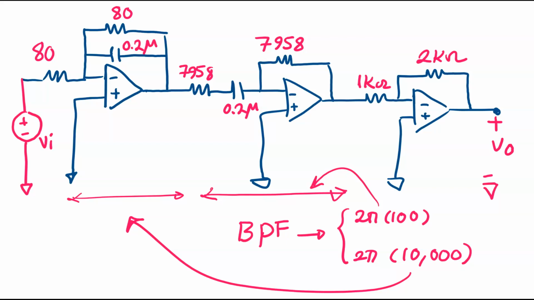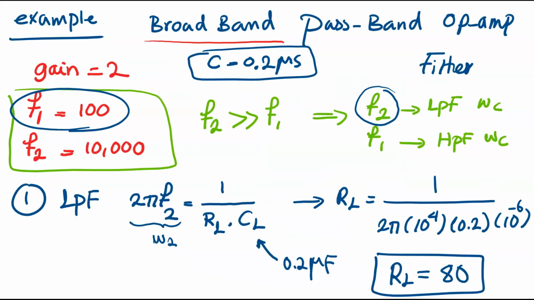If this assumption is not correct, so at the beginning when you are trying to design, you don't have this assumption of broadband. Sometimes you have to decide if the frequencies are showing you a set of widely separated frequencies or they're not. So if in this problem I tell you that I'm looking, for example, for 100 and 10,000, you can decide that these are widely separated, so you can follow these steps.